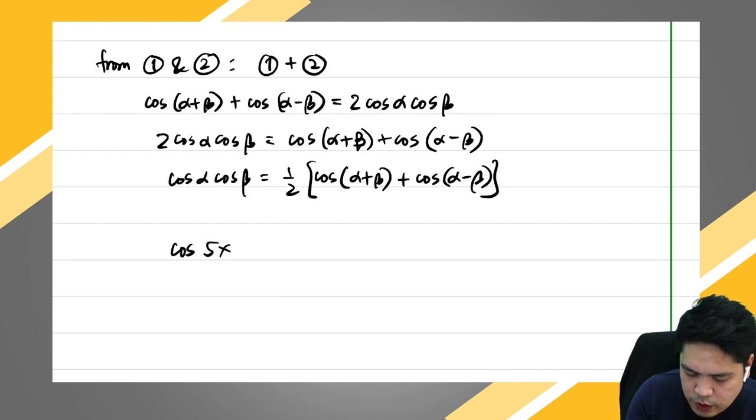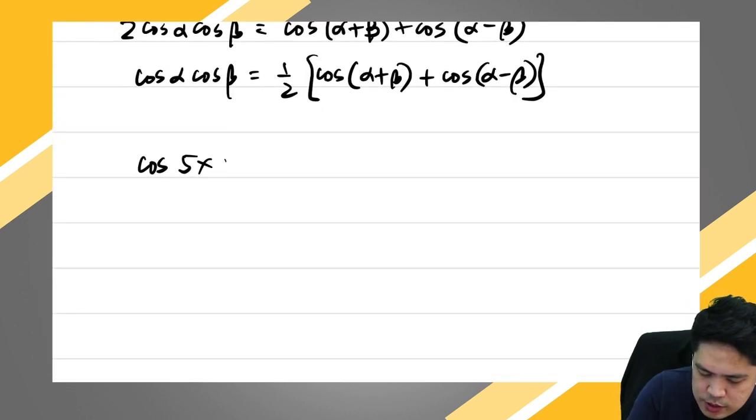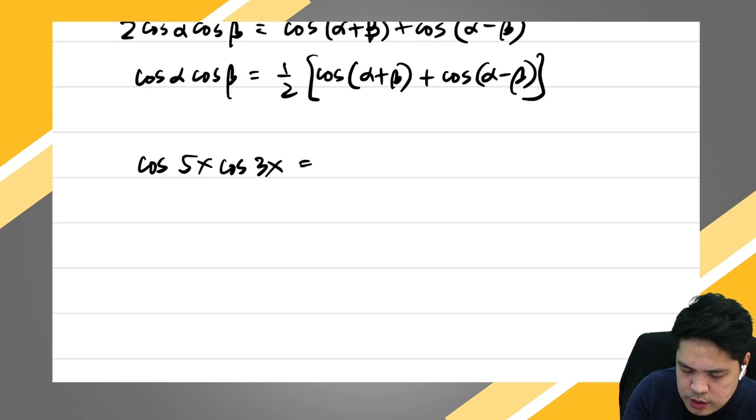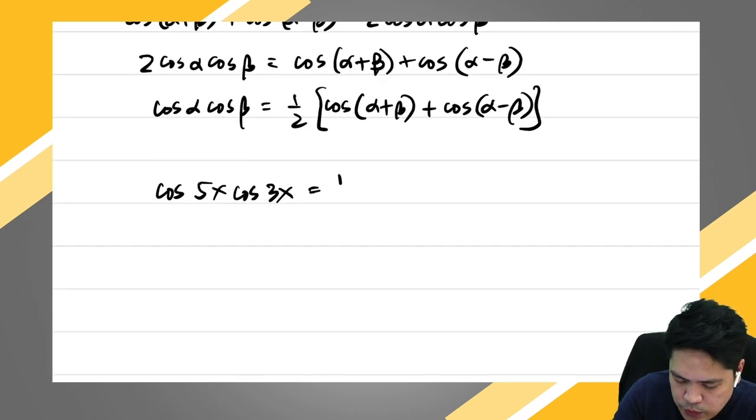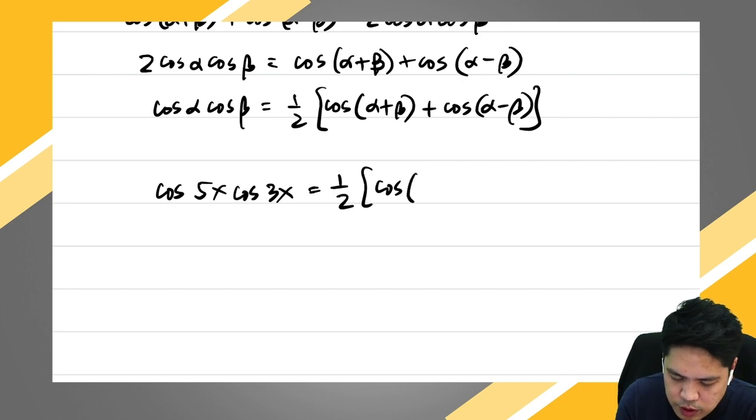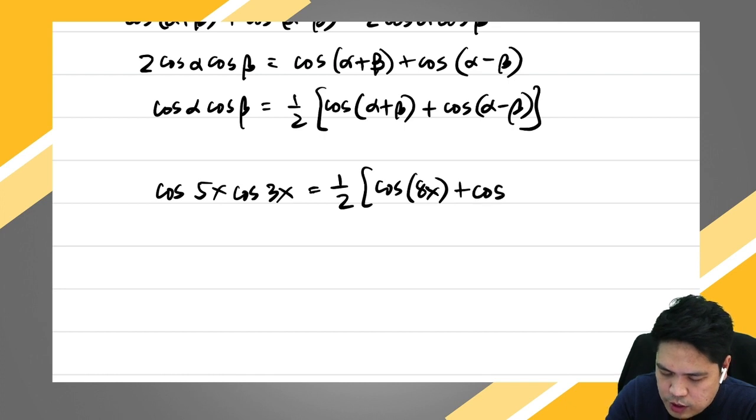Cosine 5x cosine 3x is the same as 1/2 of cosine 5x plus 3x, because our angles are added, so that is 8x, plus cosine 5x minus 3x, so that would be 2x.